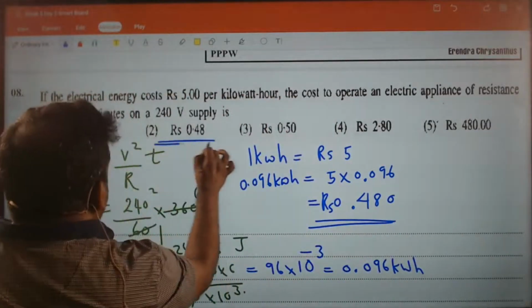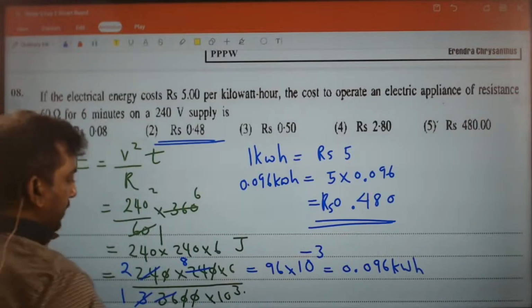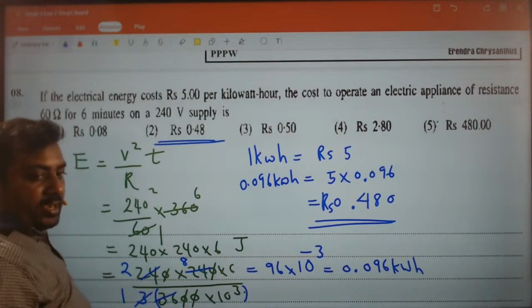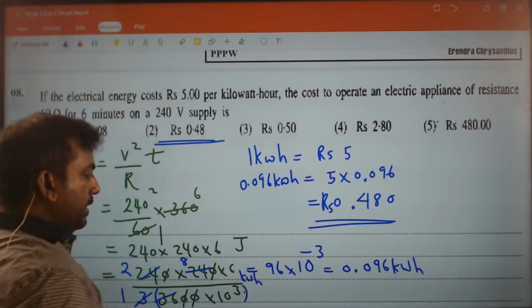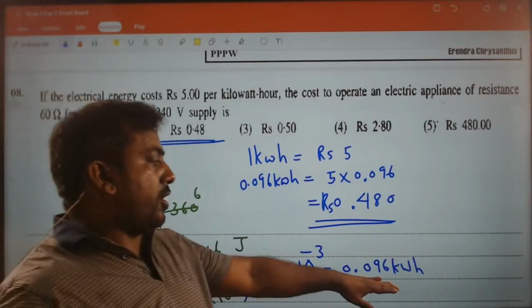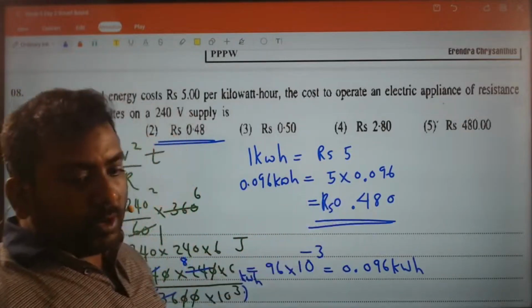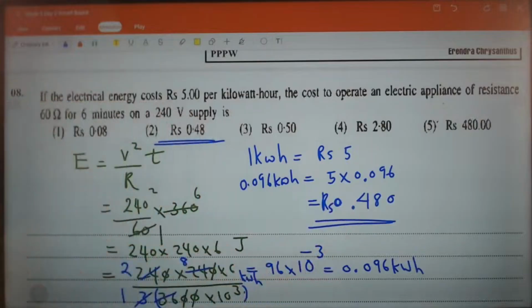Simple. So here joules I divide by 3600 times 10 to the power 3 to convert to kilowatt hour. So here the unit is kilowatt hour. 1 kilowatt hour is 5 rupees, so for this much, how much? 0.48.